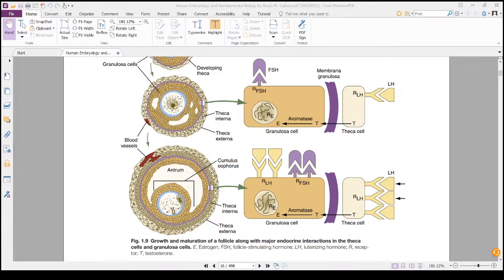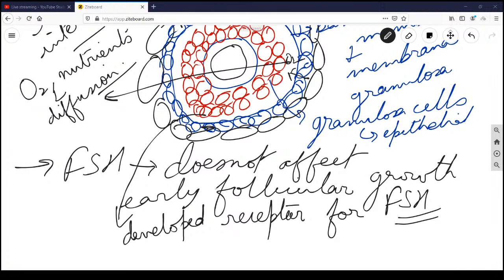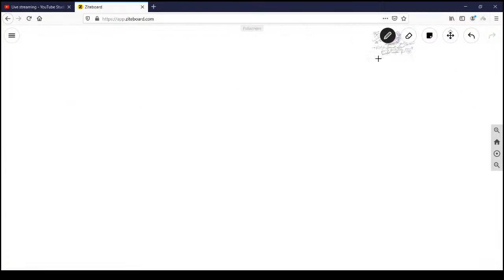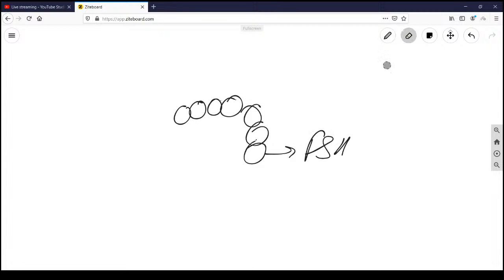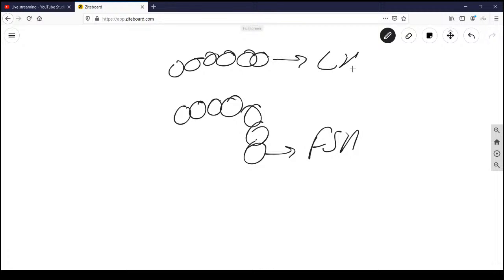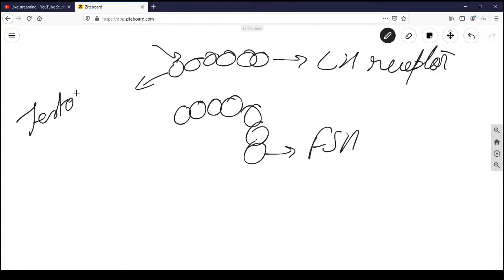So just look here. The granulosa cells express FSH receptor only, whereas the thecal cells express LH receptor. When LH comes and binds, they secrete testosterone.